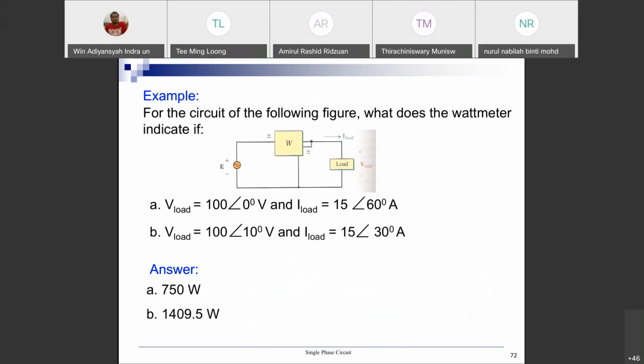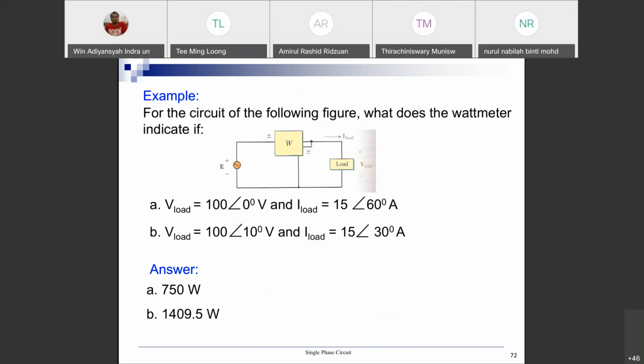Okay, example for the circuit in the following figure. What does the wattmeter indicate? If V load is 100 at 0 degree, I load is 15 at 60 degree.